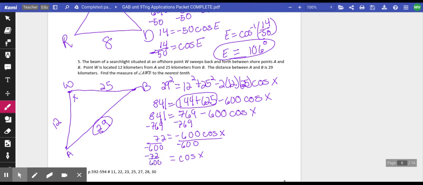Now to find x, I do the inverse cosine of negative 72 over 600, because again, to find the angle, I always do the inverse cosine. I do that on my calculator, and I find that x equals 96.8921, and they want it to the nearest tenth, so that's 96.9 degrees.